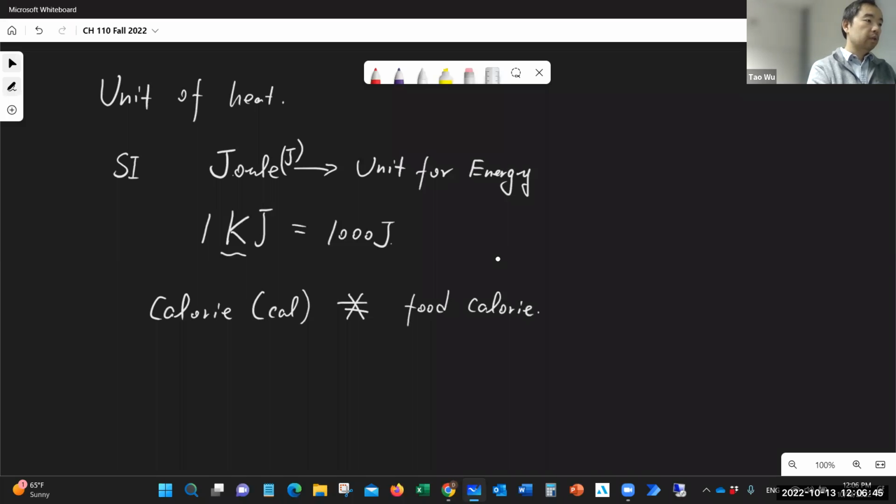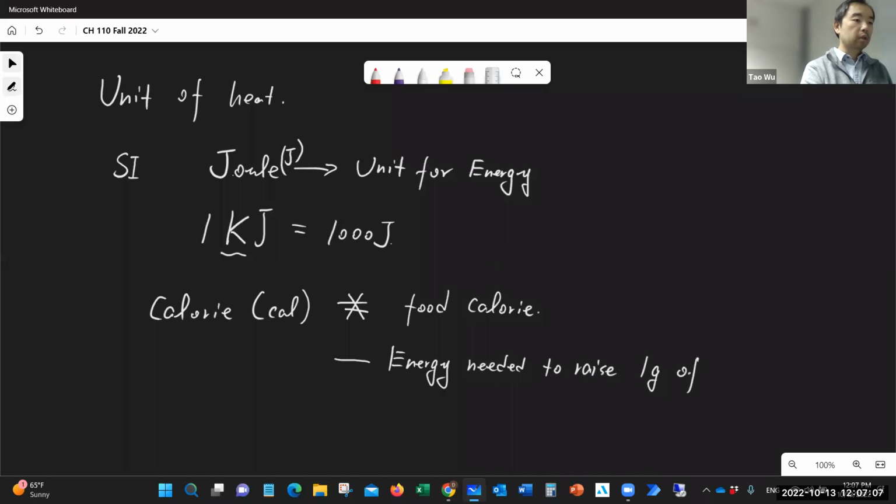This calorie is also a small unit. The definition of this calorie is the energy needed to raise 1 gram of water by 1 Celsius.